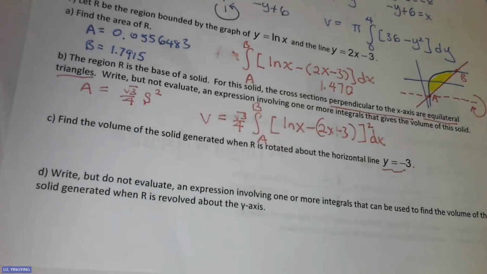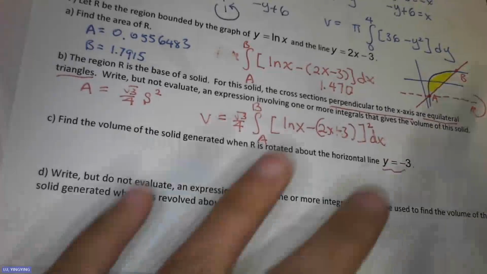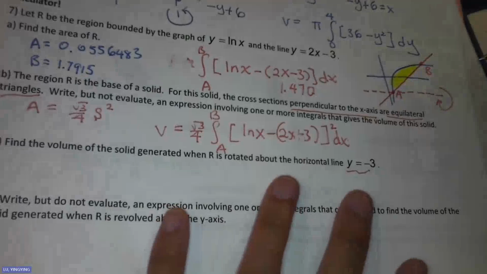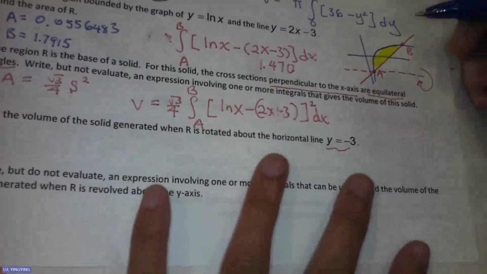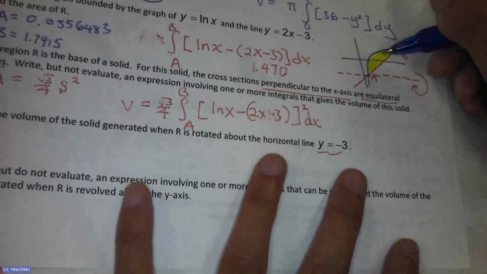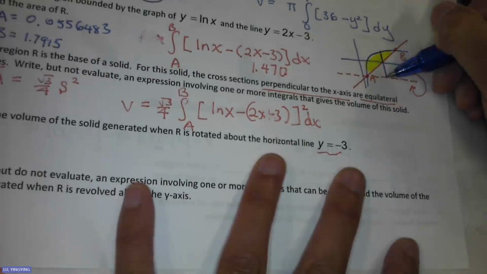All right, disk or washer, guys? Very good. Vertical or horizontal? Vertical or horizontal, guys? Vertical rotation, yes. That's what I thought I said. What's the big R then? ln x minus who?